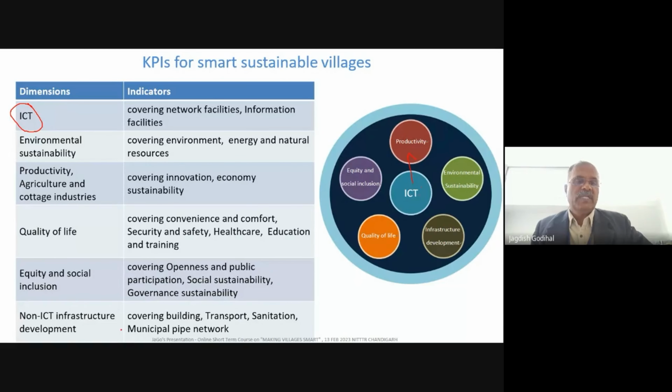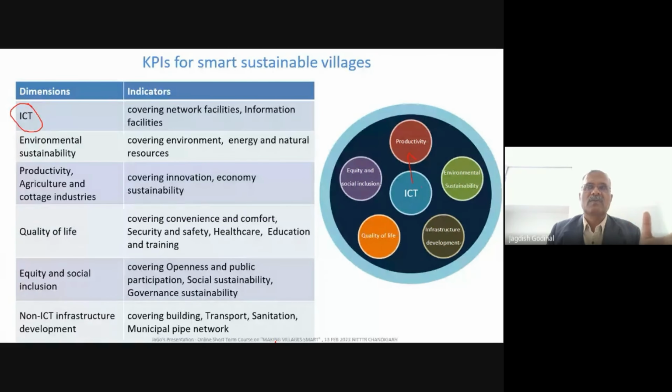Then again, non-ICT infrastructure development: buildings, transportation, sanitation, whether it is roads, drainage system, sewerage systems, communication lines, energy lines. They come under non-ICT infrastructure; we call them physical infrastructure. Along with that, ICT infrastructure is required to enhance the effectiveness and efficiency of this non-ICT infrastructure, that is roads and all those things.